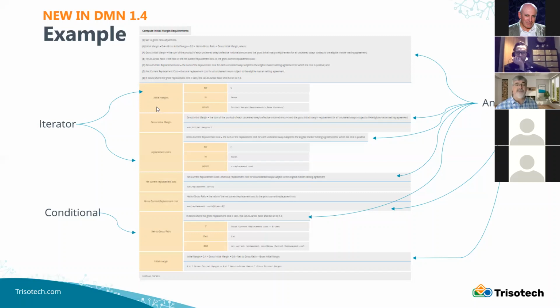And then you can see for my initial margin that I'm iterating over a list. And then here for my gross margin, here's the text. And this is actually taken out of a regulation document that exists in the US. So this sentence is literal, and the paragraph above are literal statements from the regulation.